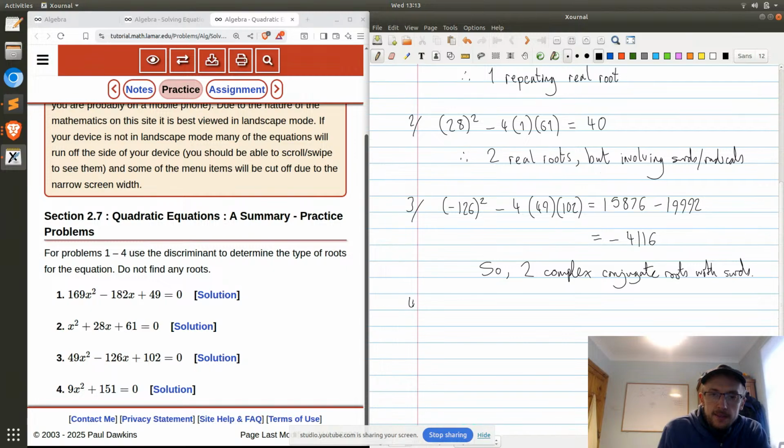And last, b squared is 0 squared. Subtract 4 times 9 times 151. 9 times 151 is 1359. Doubled is 2718.